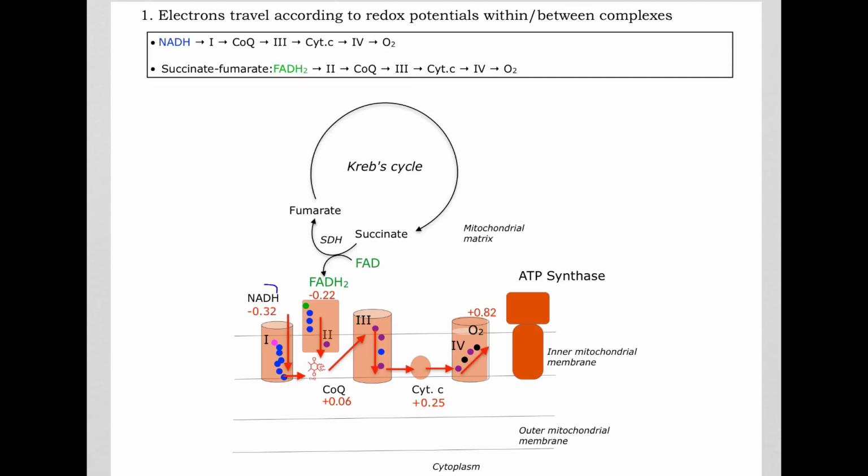So let's see how, as these electrons travel to oxygen from NADH or from FADH2, this enzyme couples the electron flow to the synthesis of ATP.